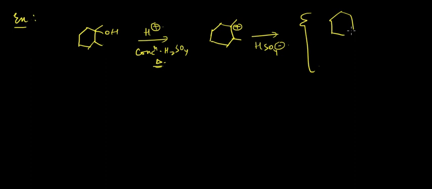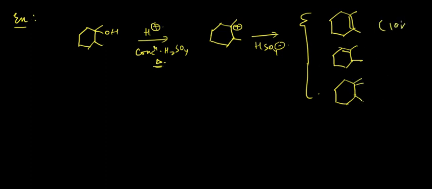One product that can be formed is this one. Another product that can be formed is obviously this one, and the third one could be this one. Okay, so these are the three products formed.